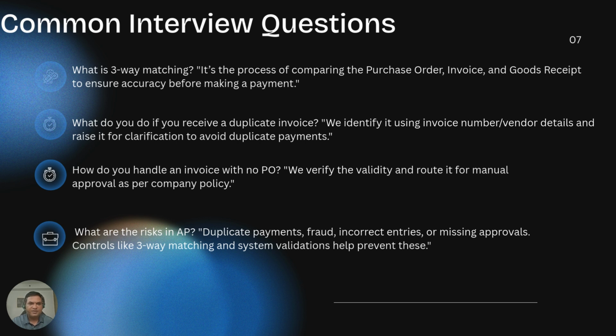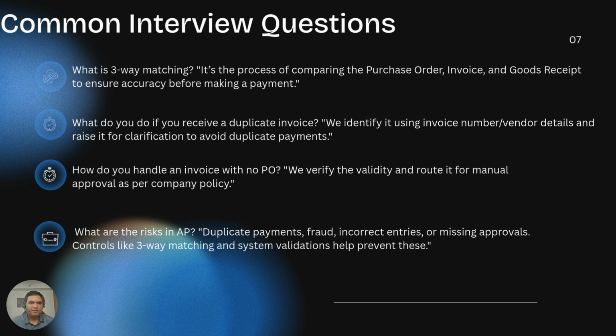The other question that you can expect is what is the risk in AP? Since this process involves the monetary transactions of the organization, it is a very critical process of any organization. So every transaction that you do from an AP point of view always has a risk.